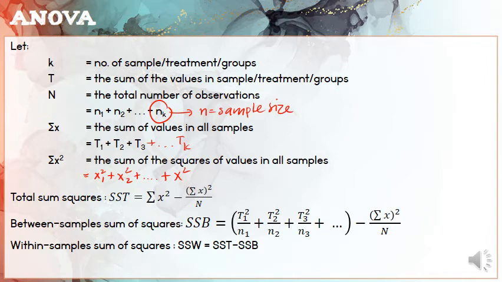Okay, so untuk cari total punya sum of squares, SST. Okay, summation of X squared tolak summation of X bracket squared over N. Nak cari SSB is this one, the formula is given. T1 squared bahagi dengan N1, T2 squared bahagi dengan N2, and so on, minus summation of X squared over N. And SSW adalah SST minus SSB. So this one, kita boleh pindah kiri dan kanan macam biasa.